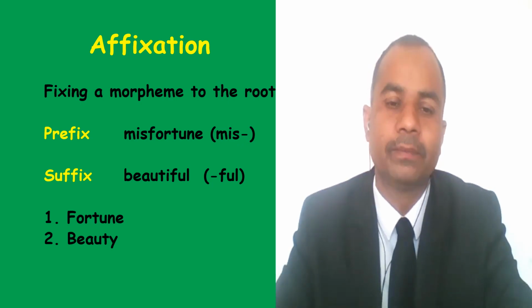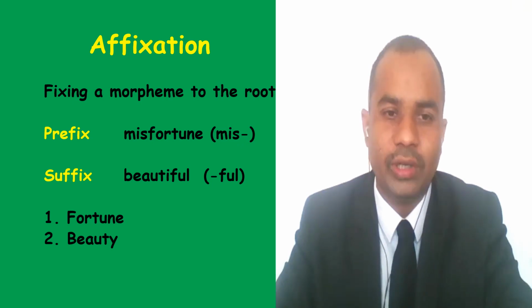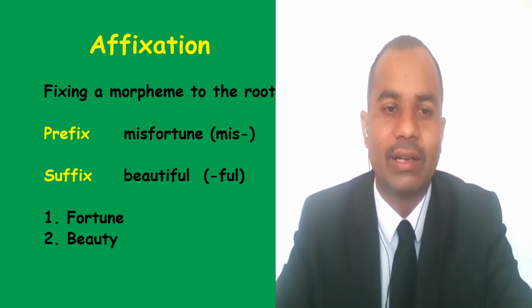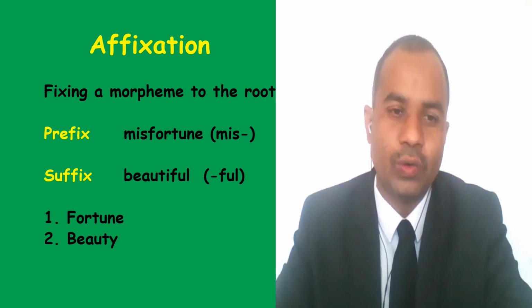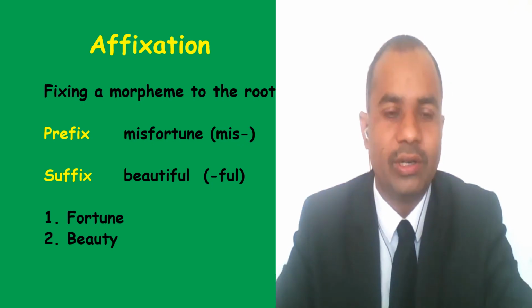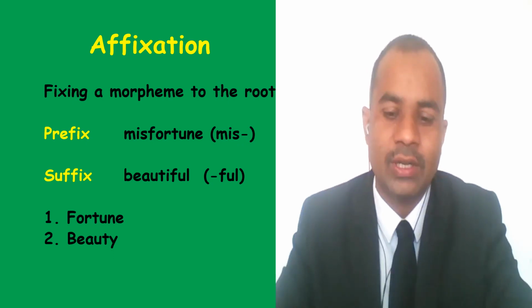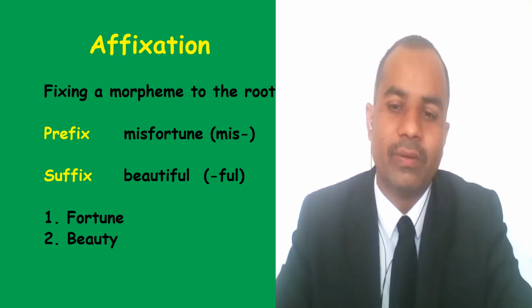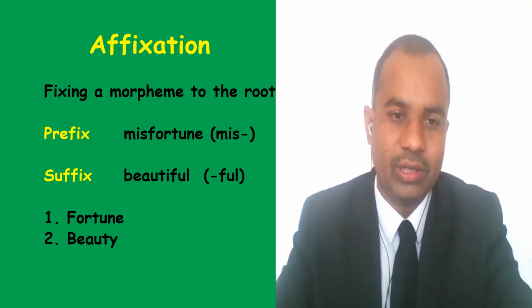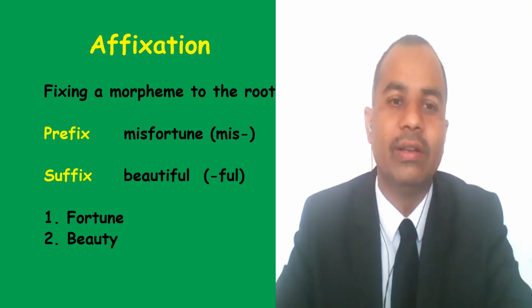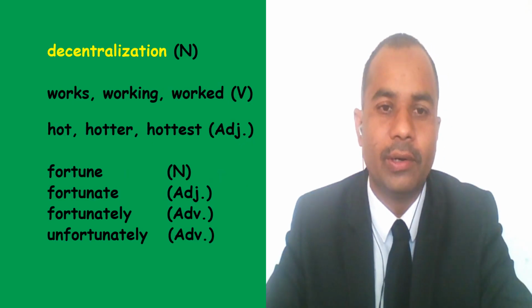You have got the idea clearly: when we attach something before the root word it is called a prefix, and after the root word, a suffix. With these suffixes and prefixes in English particularly, we can create thousands of words and you will add them to your own vocabulary.